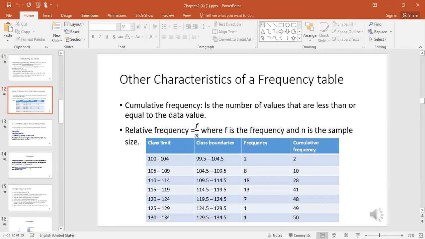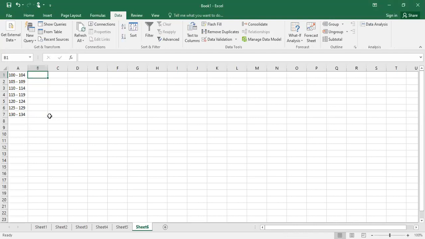So the frequency here are 2, 8, 18, 13, 7, 1, 1. I'm going to go back to Excel and write the frequency. The frequency are 2, 8, 18, 13, 7, 1, 1.